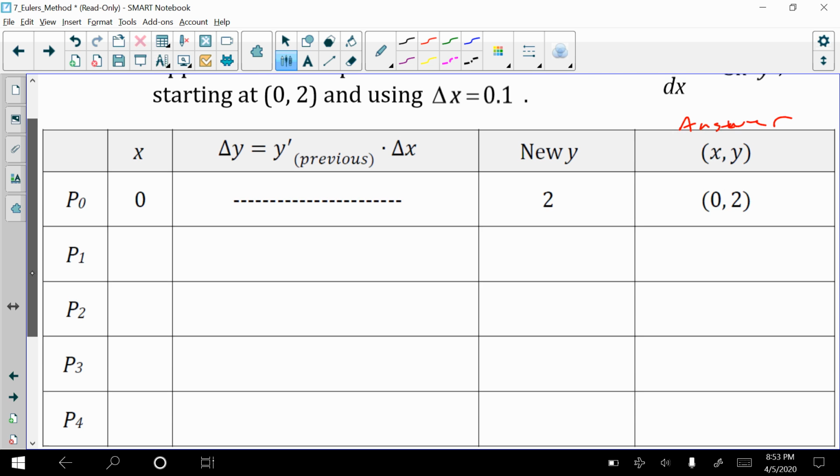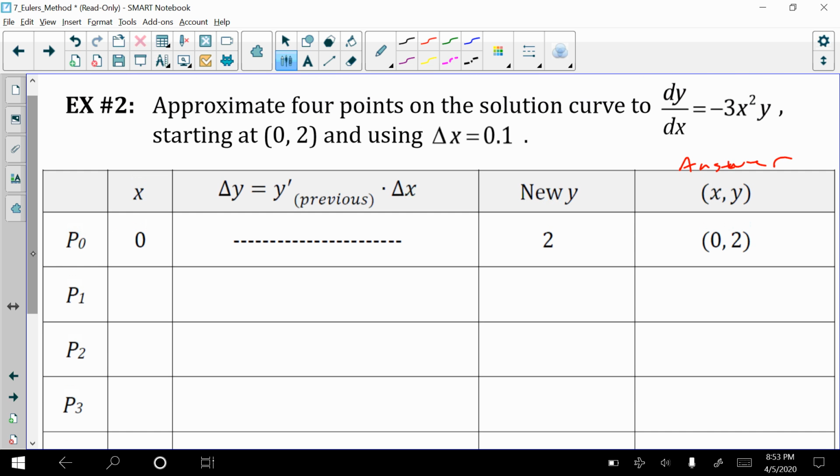Now, again, I encourage you to go ahead and pause the video and try filling in the table in advance of me and then hitting play and see if your answers and mine agree with each other. Now let's look at that really wide column where they're saying delta y. Okay, this is what we've been doing.